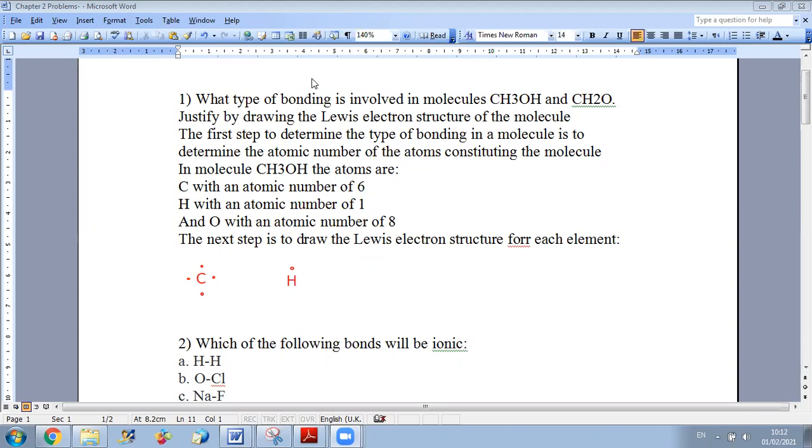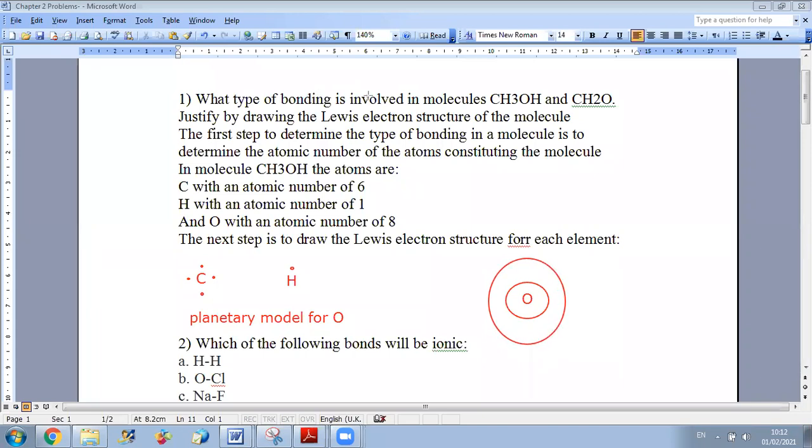Okay, and if they ask you for the planetary model, so the planetary model for O, I just do the following drawing. I put O and I draw 2 orbits. This is the first one. This is the second one.